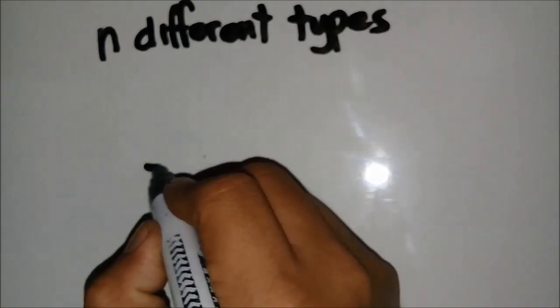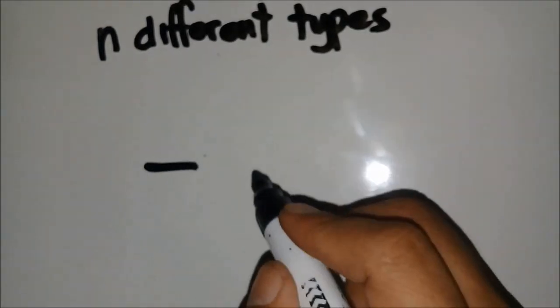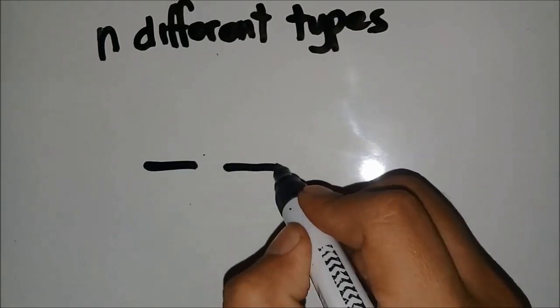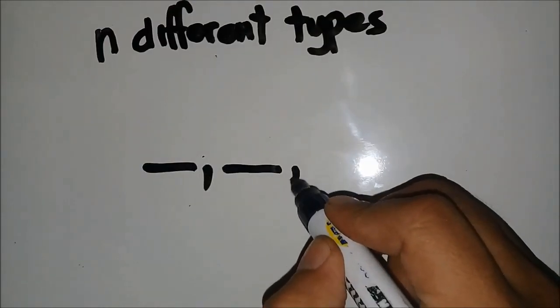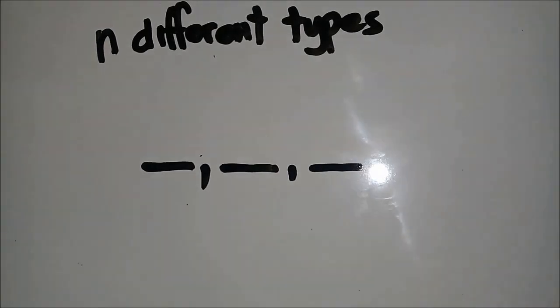We have n different types for the first slot, and for the second slot we also have n different types, and on the third slot we have n different types.